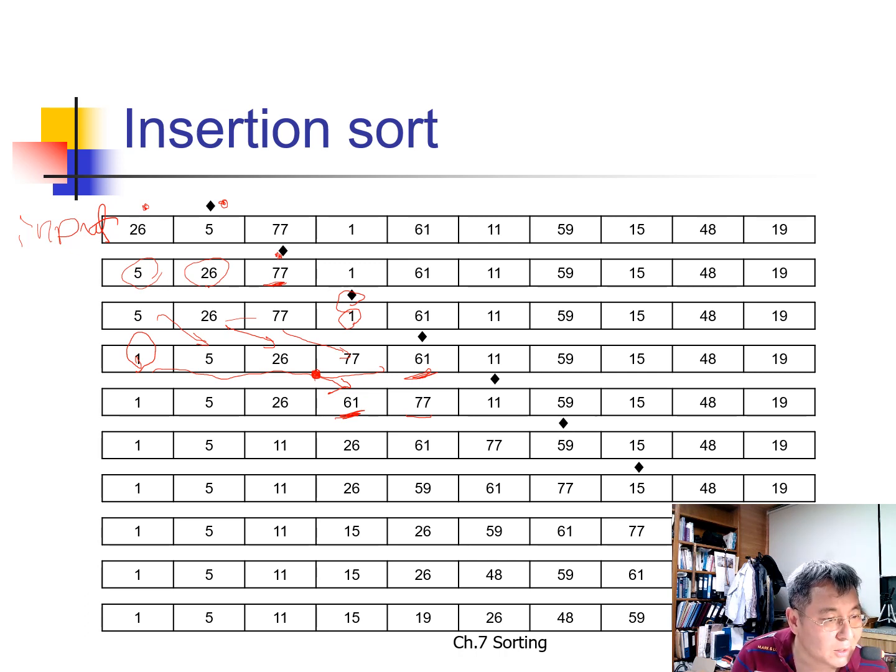In this way, we sort data one by one. Here, 71 is inserted between 5 and 26, and the remaining data is moved to the next positions.